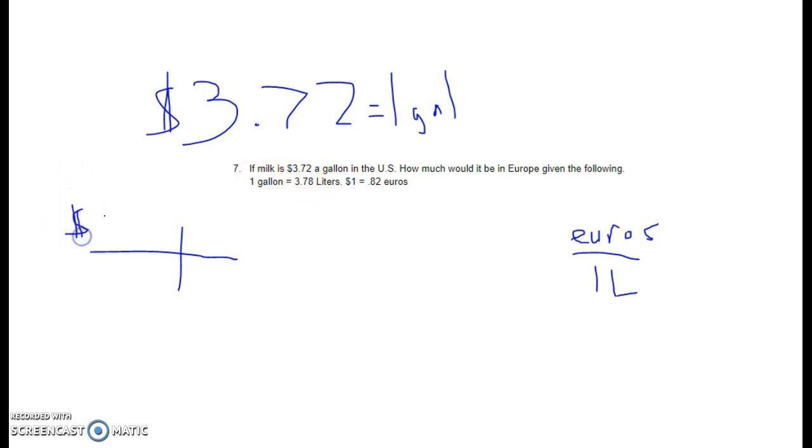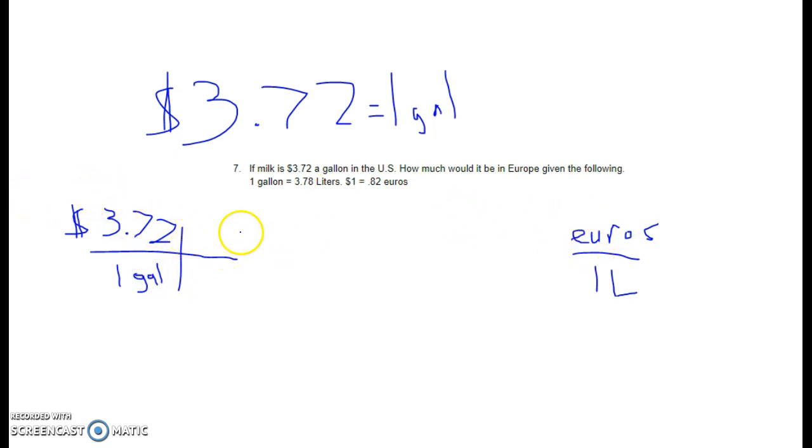So it is $3.72 over 1 gallons. Okay, so let's convert this to euros.